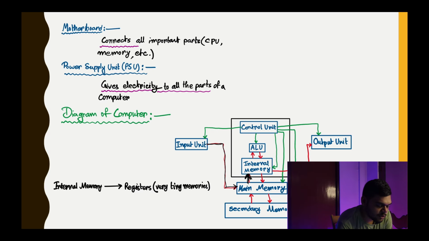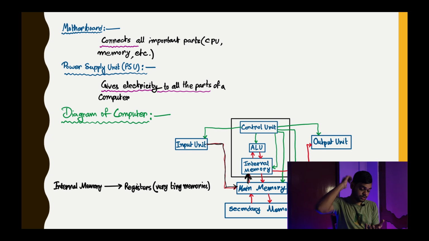And we have secondary memory. Imagine we are giving input, the data is getting stored in the main memory, and let's assume the main memory is full, so we need to add a secondary memory. So the data will come and go into the secondary memory.